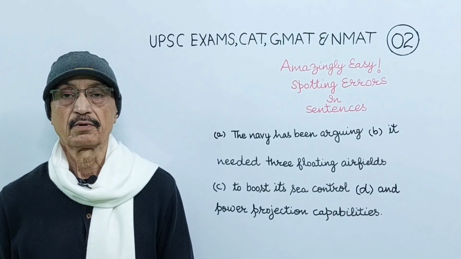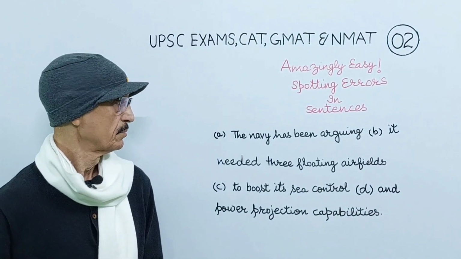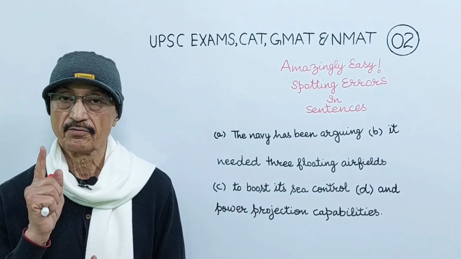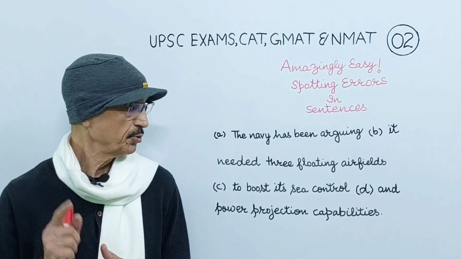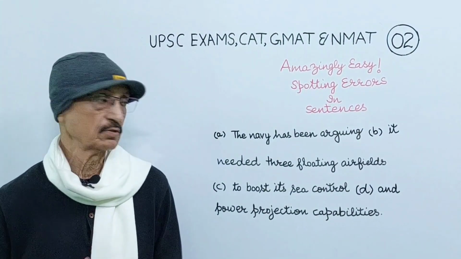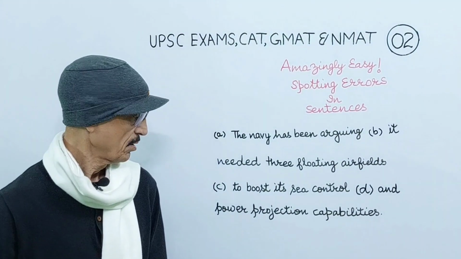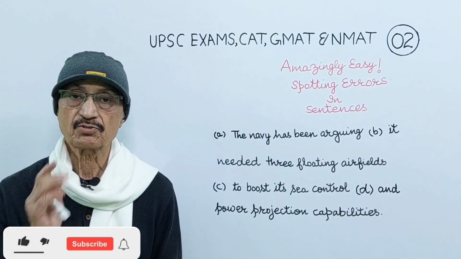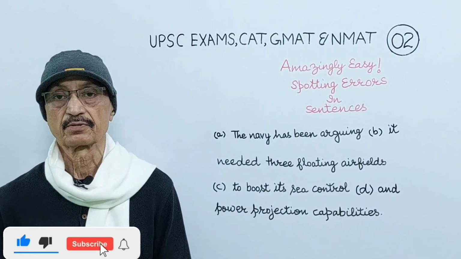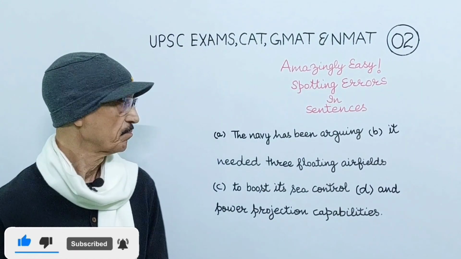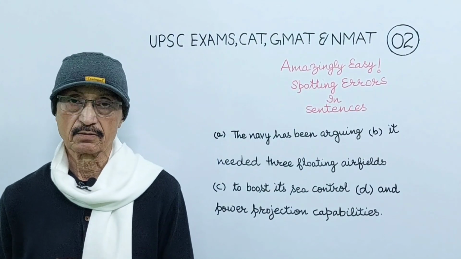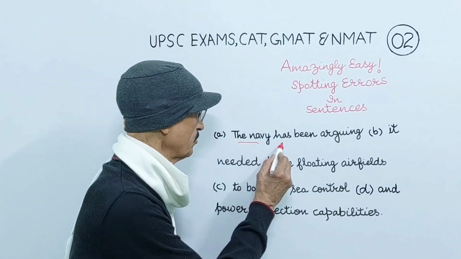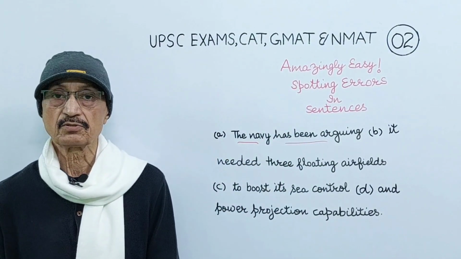The Navy has been arguing it needed 3 floating airfields to boost its sea control and power projection capabilities. Let us try to find out which part of the sentence contains an error. Take part A. The Navy has been arguing. Subject verb agreement is very much there, present perfect continuous, this is okay.